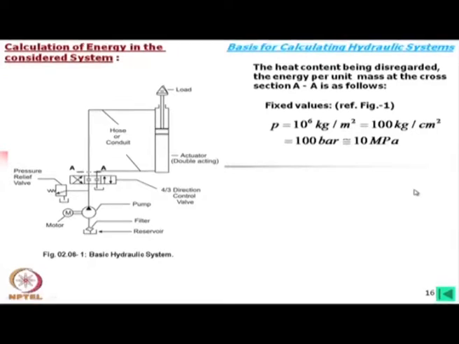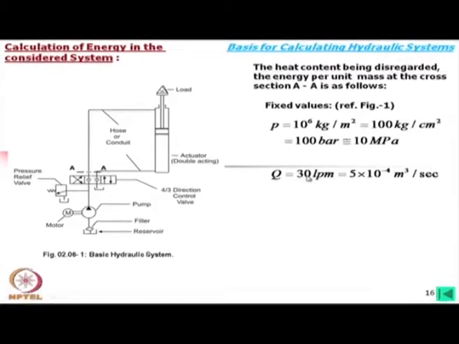This is a very close value, not the exact value. To get the exact value, you have to go through the conversions, but if the pressure is given in psi, particularly when you are writing the paper in examinations, and you would like to convert into SI units, simply use 1000 psi is equal to 7 megapascal.